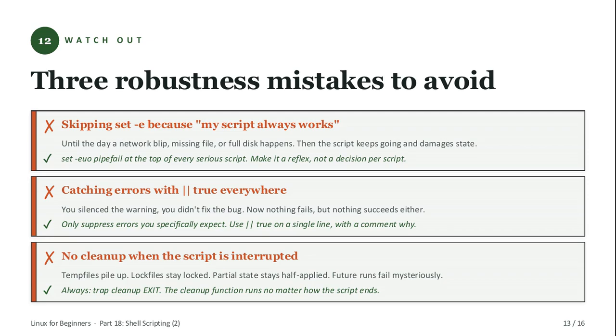Second, sprinkling || true everywhere to silence warnings. That doesn't fix bugs, it just hides them, so reserve it for one specific line with a comment explaining why. And third, no cleanup on interruption. Temp files linger, lock files stay locked. A single trap cleanup EXIT guarantees your cleanup runs, no matter how the script ends.